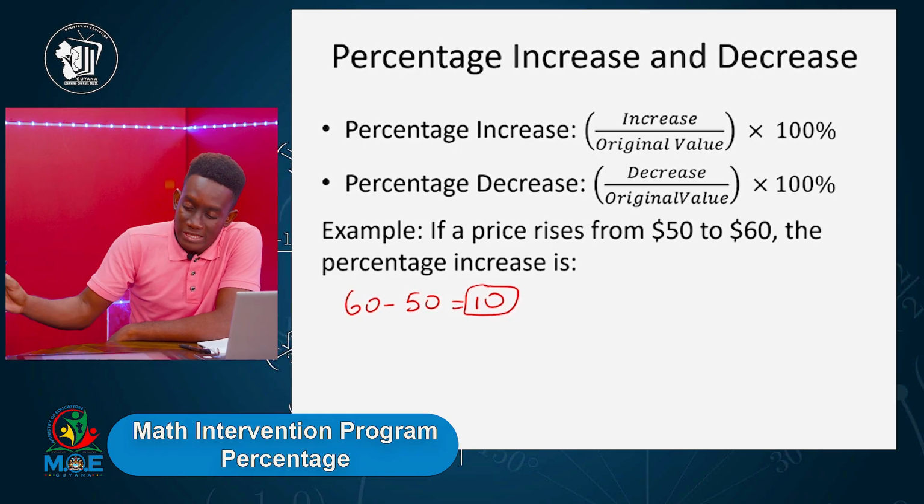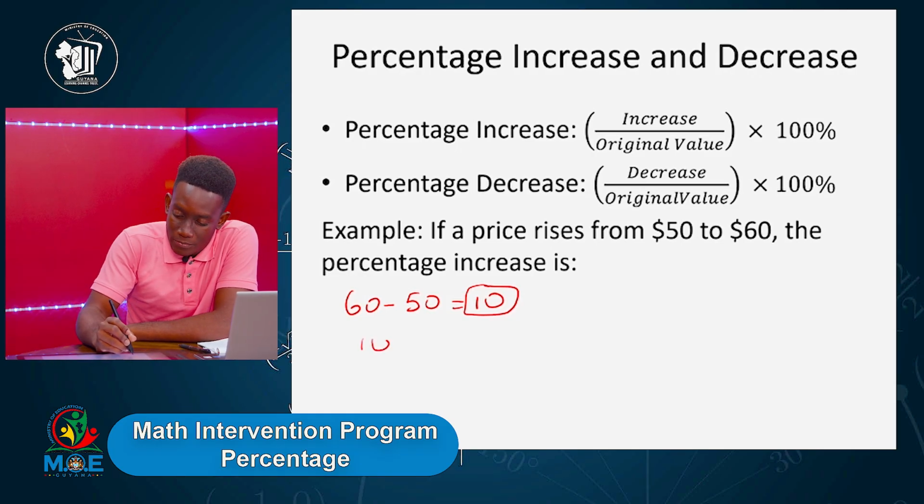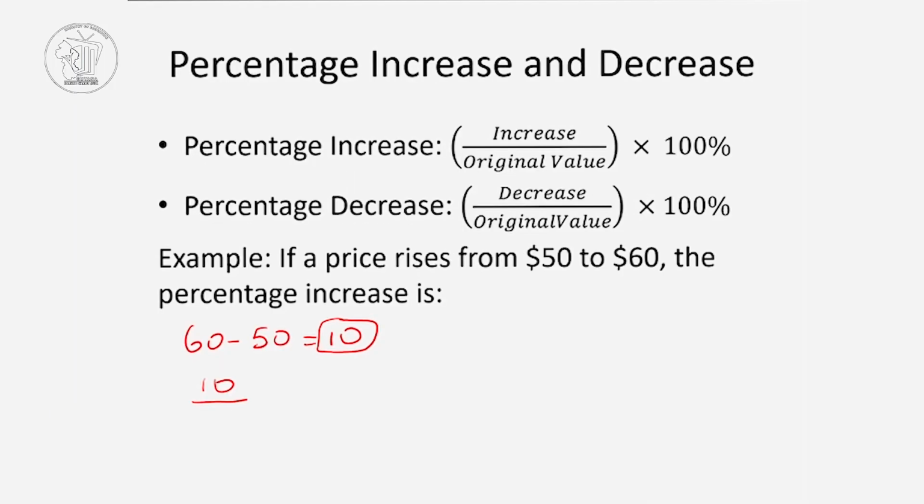So to find the percentage increase, it will be 10 over the original price was $50. So it's 10 over 50 multiplied by 100. So this 0 will go with that 0. 5 ones 5. 10 divided by 5 is 2. And 2 times 10 will give you 20.